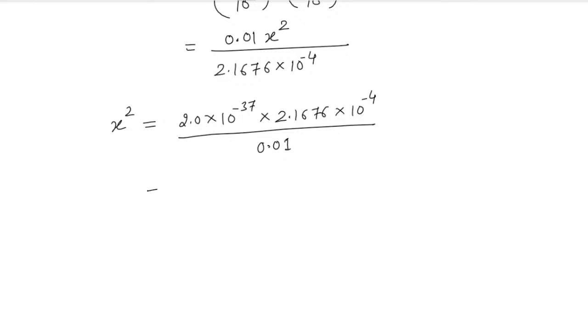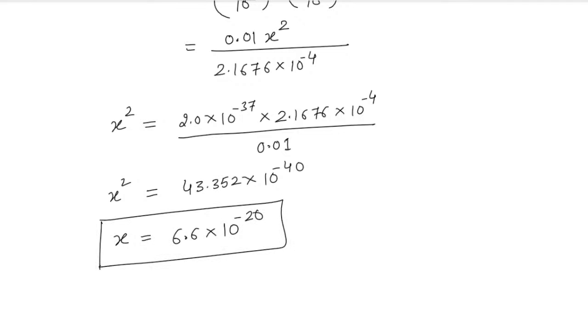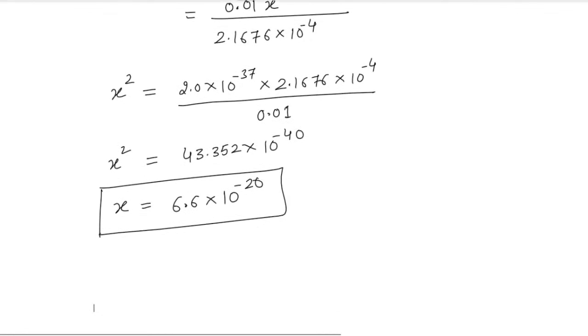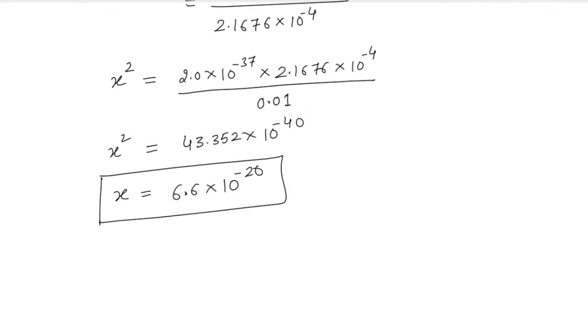So, on multiplying, value comes out to be 43.352 into 10 raised power minus 40, and x is 6.6 into 10 raised power minus 20. So, see, x is extremely small and can be neglected.